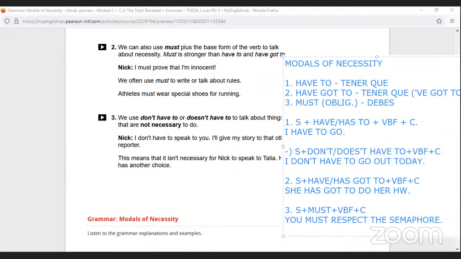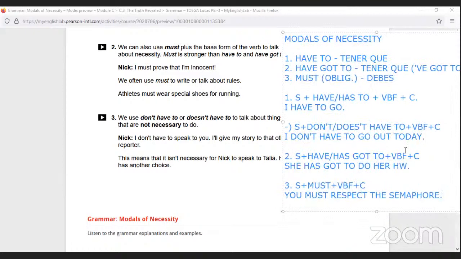Okay, so this is like you don't have permission to do it, okay? But for this second one, have or has got to, we don't have negative, only affirmative, okay? So we have some example here.